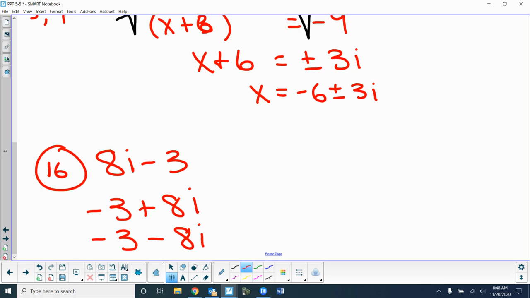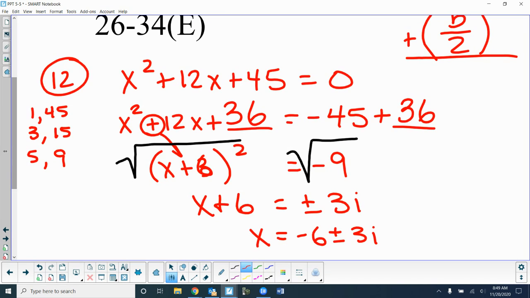Then we jumped up to what? 26? What's x? 1. Correct. What's y? Negative 12. Correct. 28, Ian. I got x equals negative 1 plus or minus i square root 2. That's correct. That's like number 12 we did.